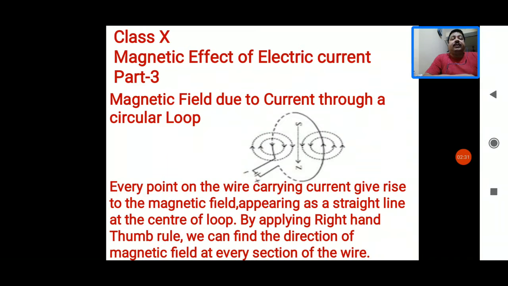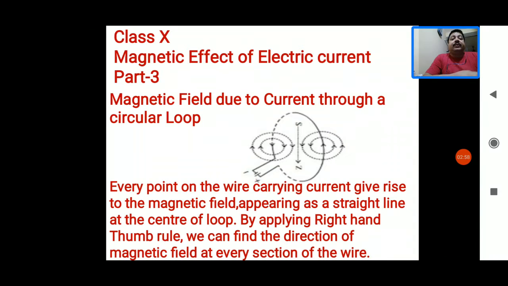The SI unit is Tesla and the CGS unit is Gauss. The relation between the two units is 1 Tesla equals 10 power 4 Gauss. So that is the mathematical form and unit.